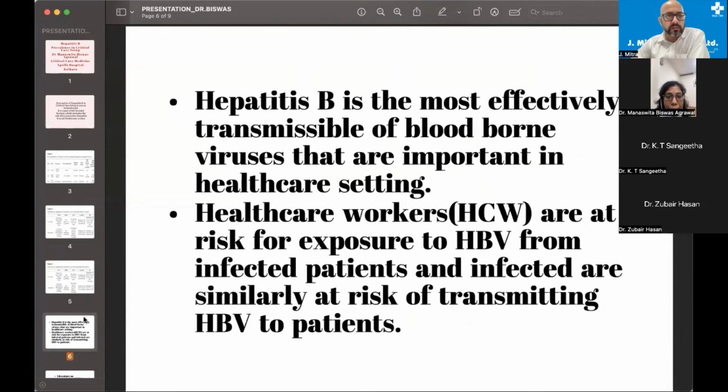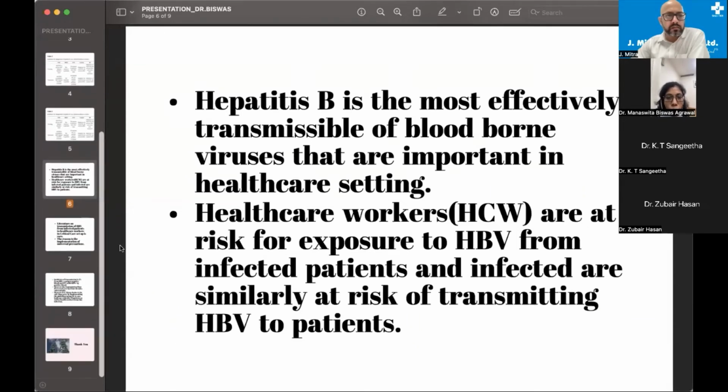So hepatitis B, as I already told you all, is the most effectively transmissible of all the blood-borne viruses that are important in the healthcare settings. And healthcare workers are at risk of HBV from infected patients and infected healthcare workers are similarly at risk of transmitting HBV to patients or their co-workers.